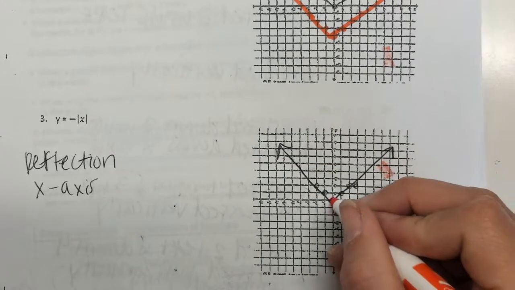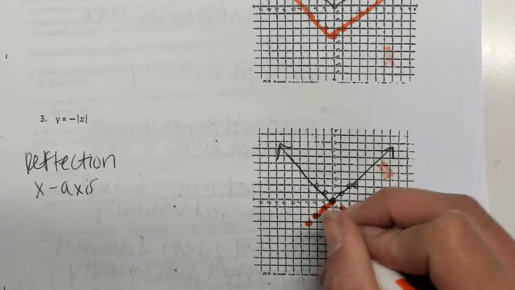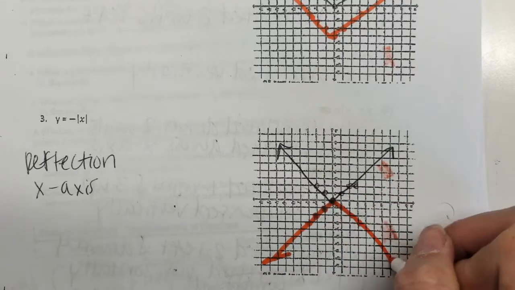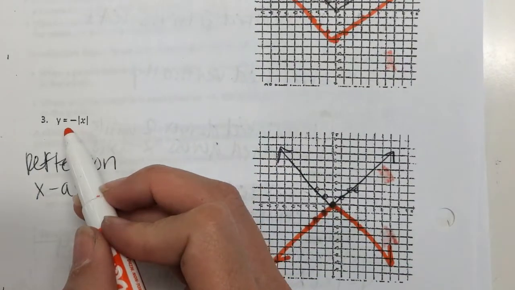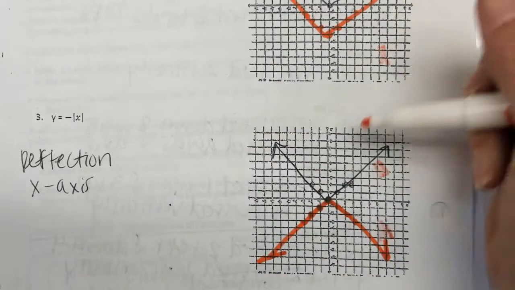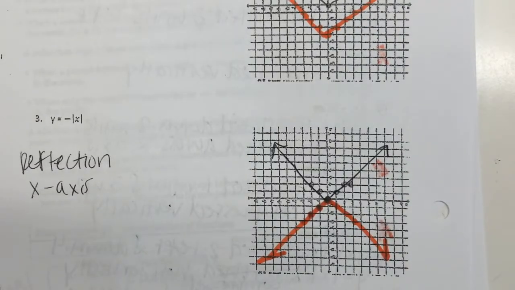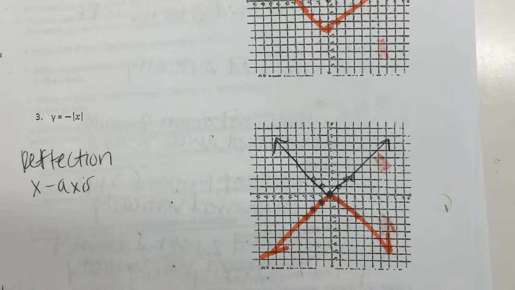Good. So same point, 0, 0. But all of these points are just going to be flipped the other way. Also, what's the slope of this one right here? -1. So you could have just gone to 0, 0, then down 1 over 1, down 1 over 1. Does everybody see that? Alright, questions about that one?